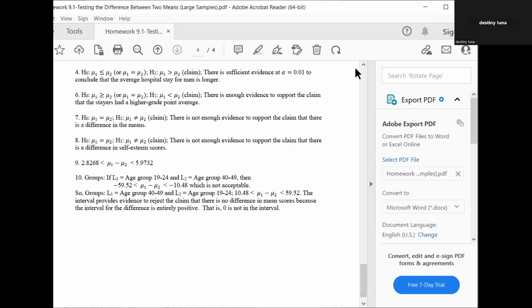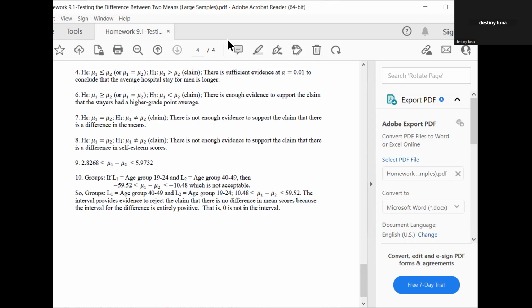So technically this is not a hypothesis test, like I said. If it were, and you're testing no difference, then you would say there is not enough evidence to support, because no difference would be mu1 is not equal to mu2.